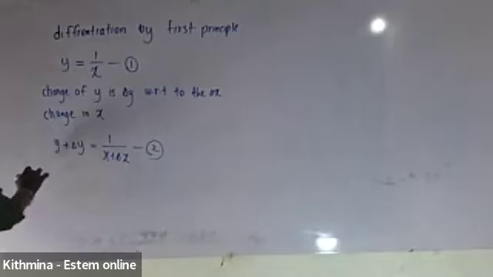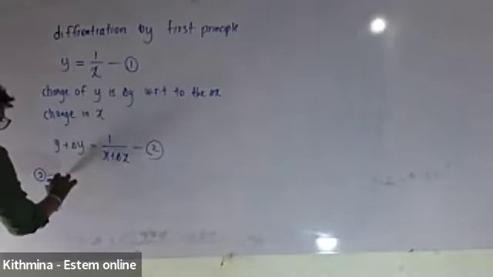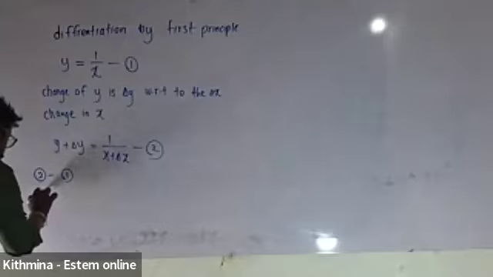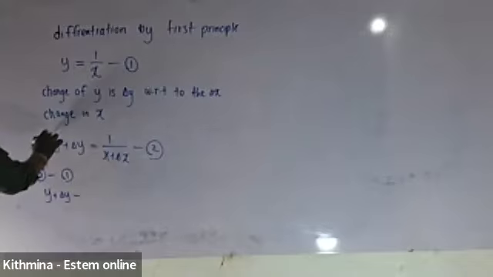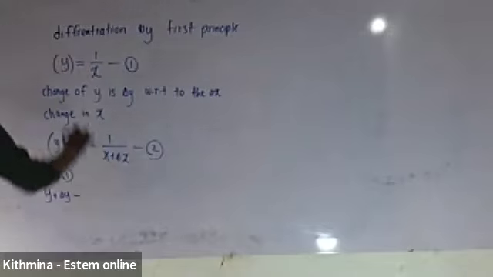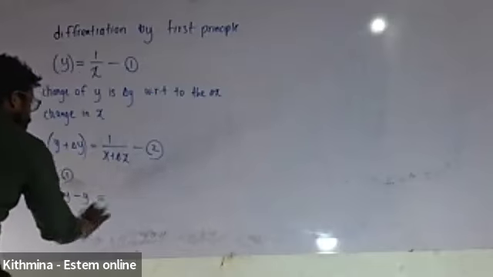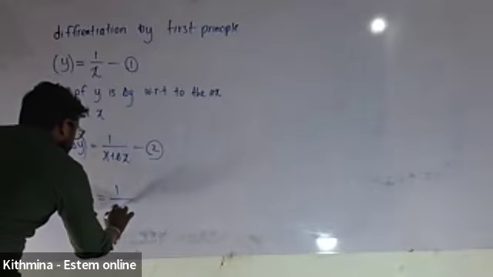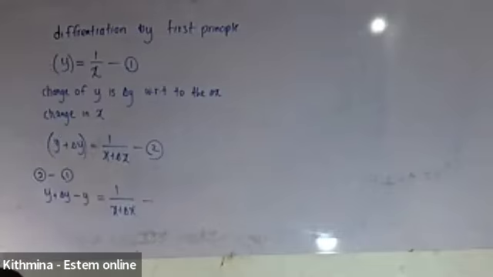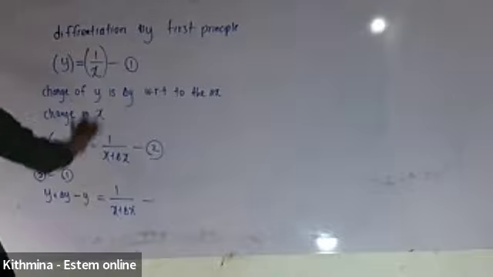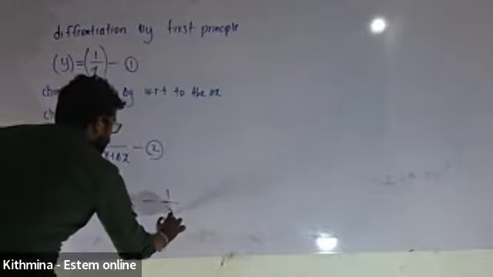Now we should subtract 1 from 2. Then y plus delta y minus y equals 1 over x plus delta x, subtracted by 1 over x.